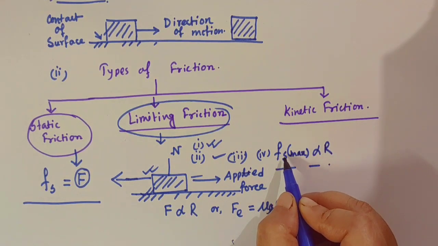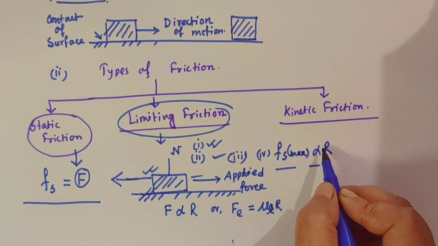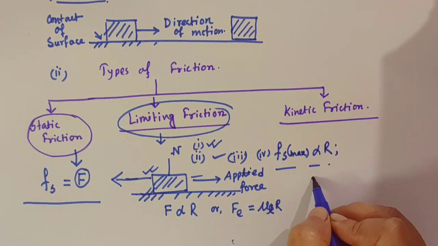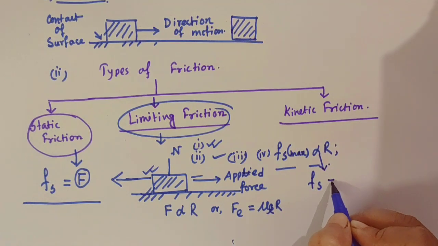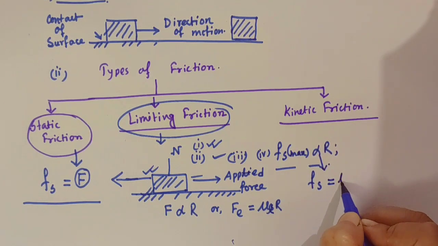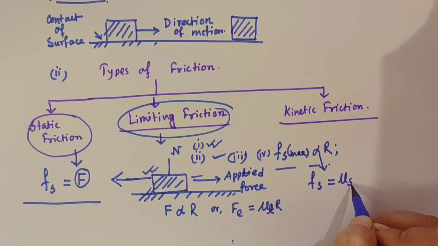So, Fs maximum is proportional to R. Again, from here we can write Fs equals a constant, mu s, into R.